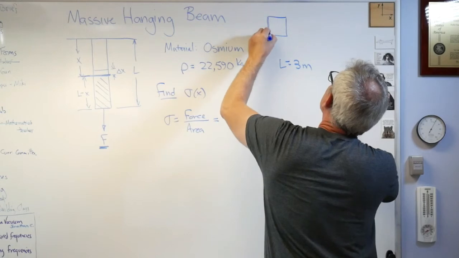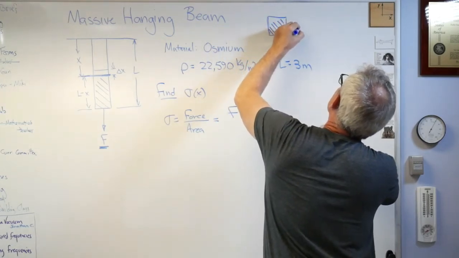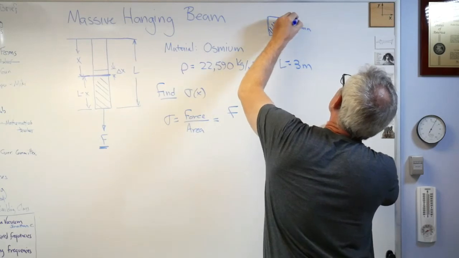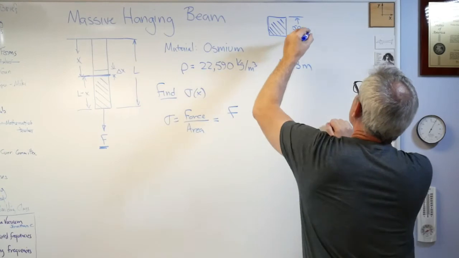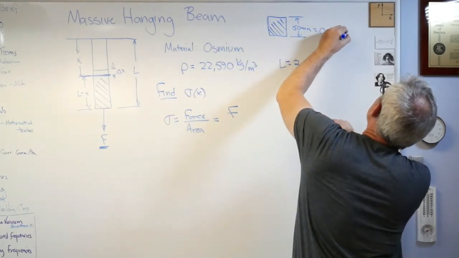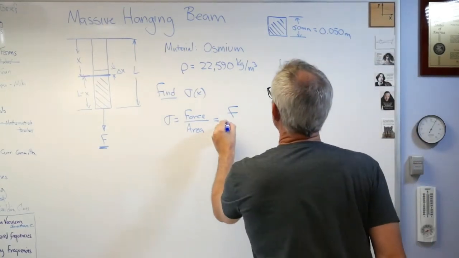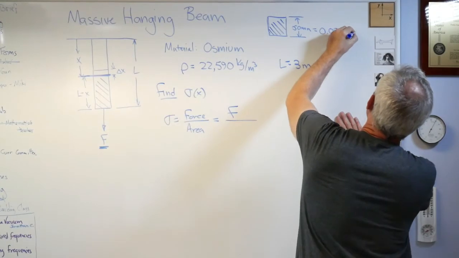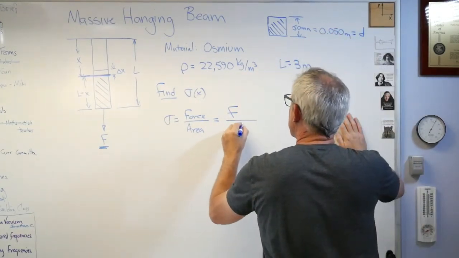It could be anything, but let's say it's square, and let's say that's 50 millimeters on a side, 0.050 meters. We're going to do everything in meters here. Let's call it d, or distance maybe. Well, area is d squared.